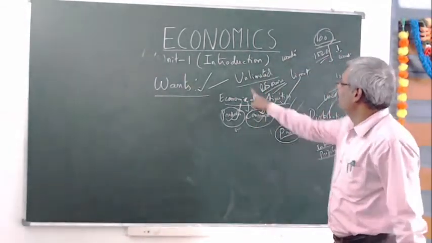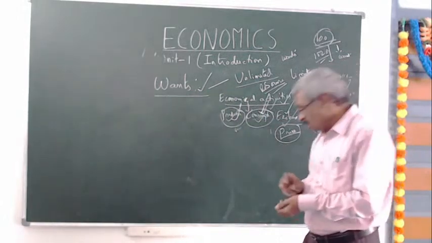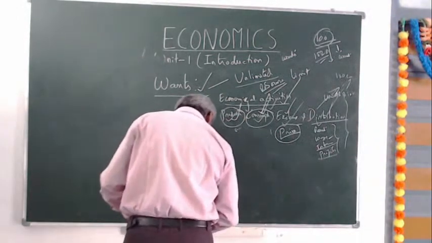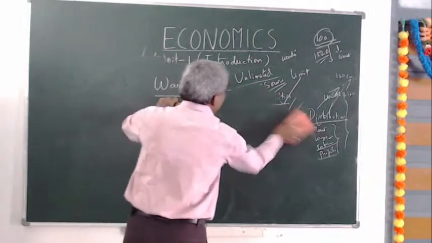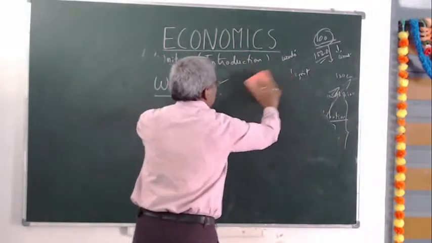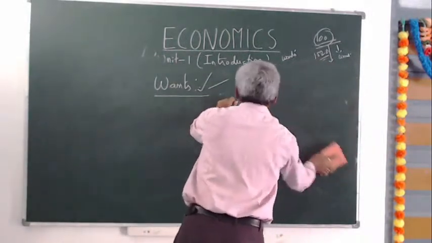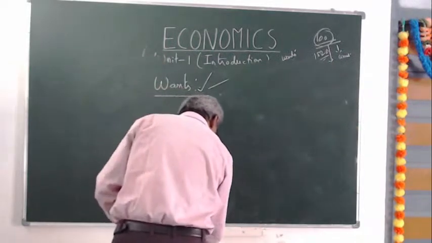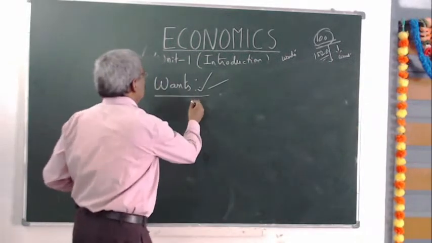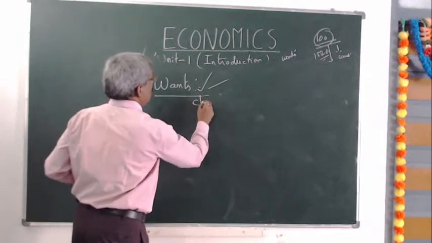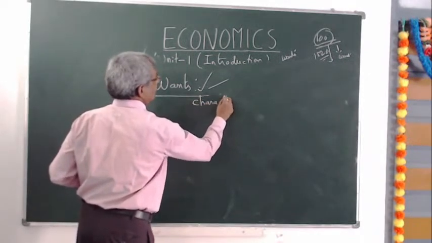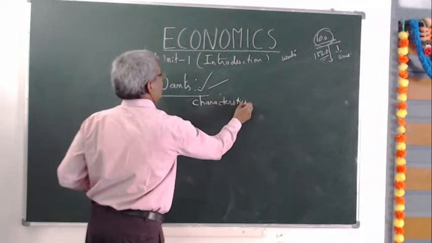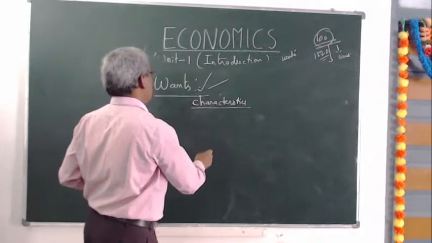So wants are unlimited. Now we are going to see the very important characteristic features of human wants. This is very important for 5 more questions. What are the characteristics of human wants?